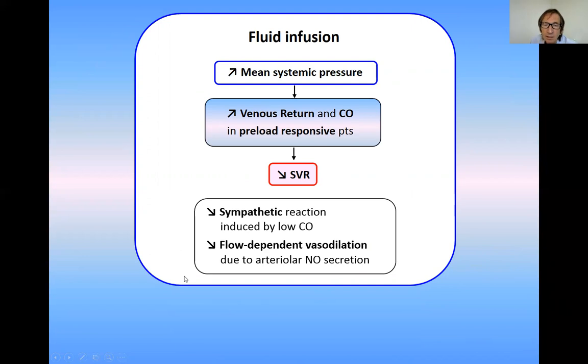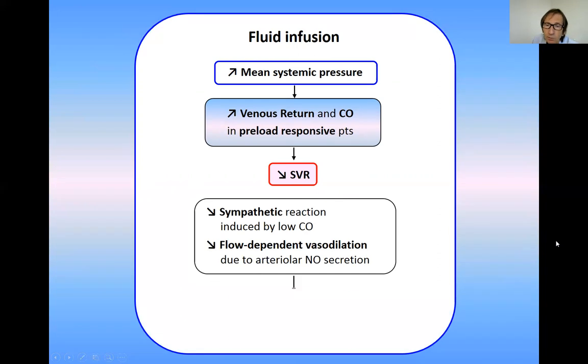Another effect is a flow-dependent vasodilation, which is due to NO secretion in the arterioles, and this is due to the increase in the shear stress on the endothelium of these arterioles, which can result in release of NO in this region, and therefore vasodilation in this region. And therefore, we can expect a decrease in SVR.